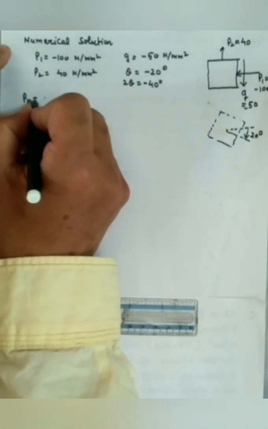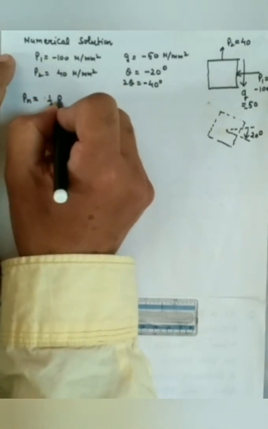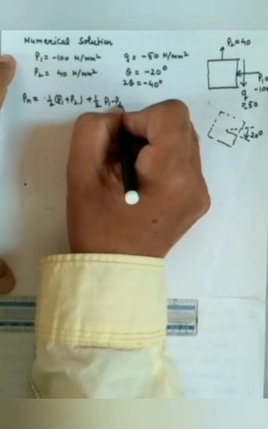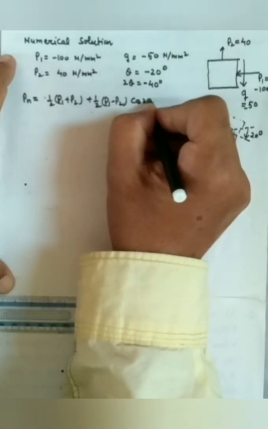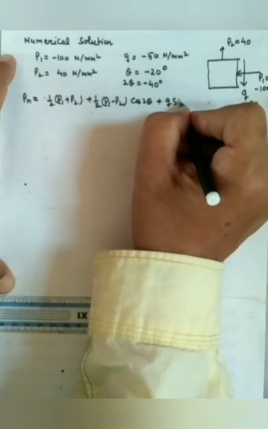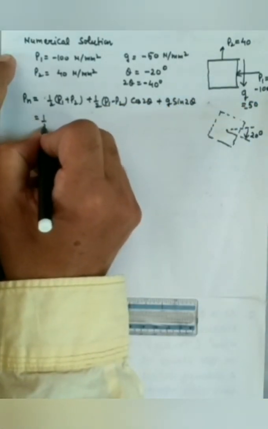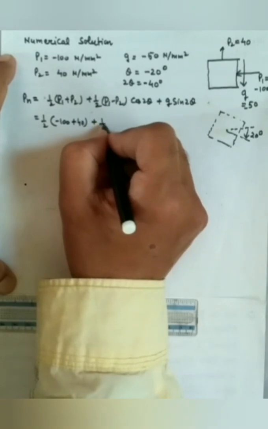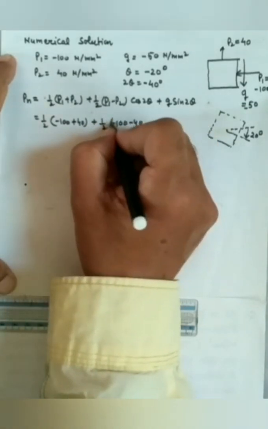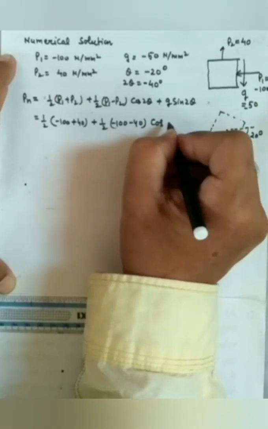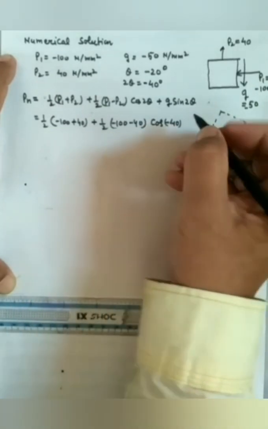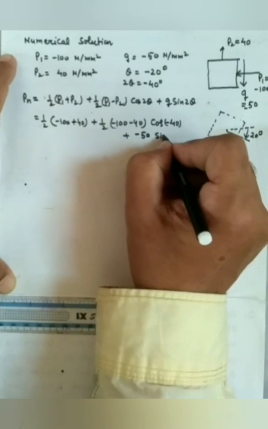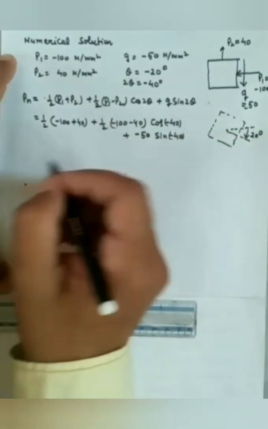So we know that from the transformation equations, Pn is equal to 1 by 2 (P1 plus P2) plus 1 by 2 (P1 minus P2) cos 2 theta plus Q sin 2 theta, which is equal to 1 by 2 (minus 100 plus 40), since P2 is positive, plus 1 by 2 (minus 100 minus 40) cos of minus 40, since the rotation is in clockwise direction, plus minus 50, since shear stress is negative, sine of minus 40.